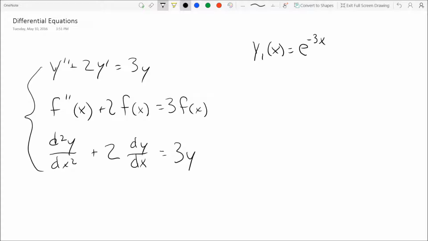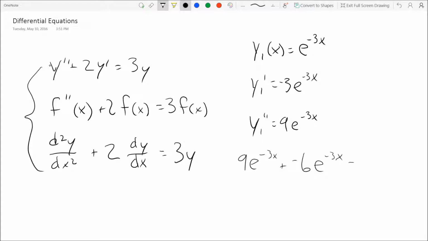So if I take the derivative of this, and so when we actually add these up, we just get 2 times negative 3 is negative 6. And so we see that this solution actually works.